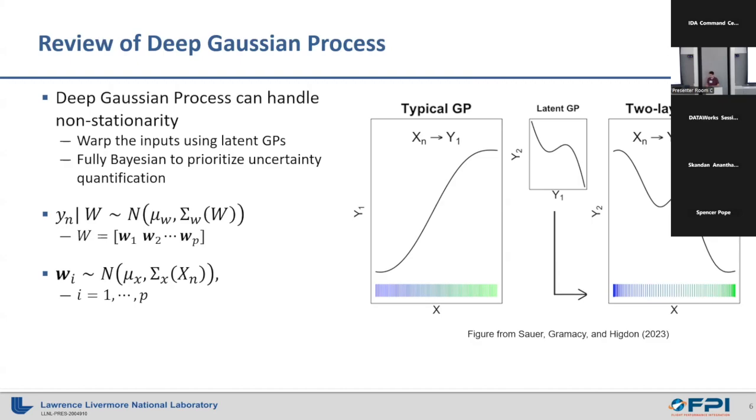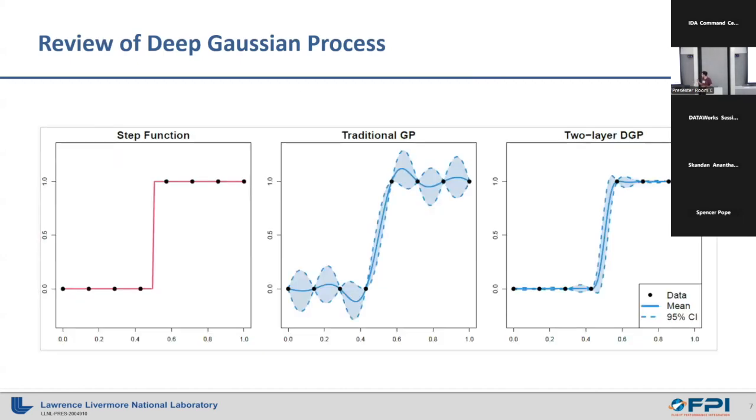And you can see here an example where you're taking a regular GP and warping it to a 2-layer GP. You could do multiple, but typically we use 2 or 3 layers. For this talk, it'll just be 2. And you can see an example of where this could be useful. If you had a non-stationary feature, like a step function, which is an extreme example, the traditional GP gives you very large uncertainty on those 2 tails, even though it's a relatively flat feature there.